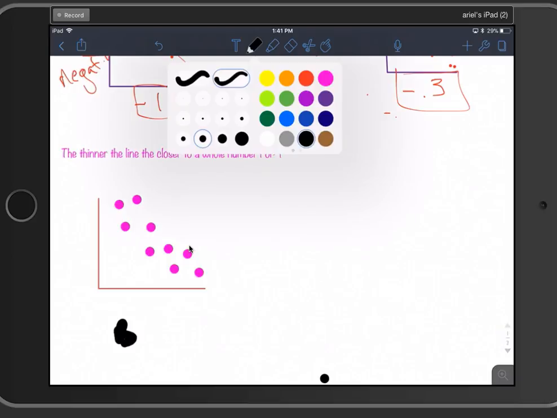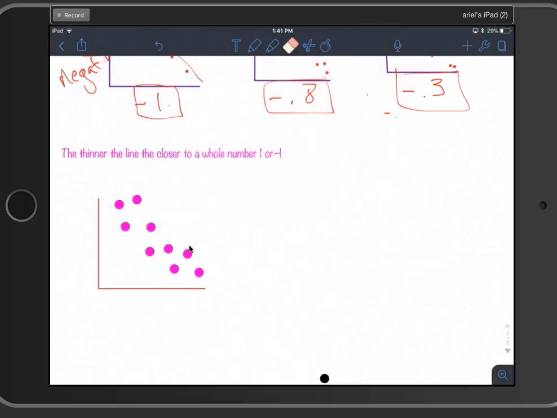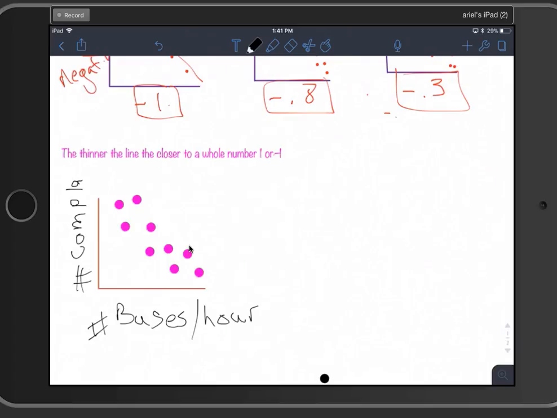The number of buses per hour, and this is the number of complaints. So this is 1, 2, 3, 4, 5. This is 1 bus, 2 buses, 3 buses, 4 buses.